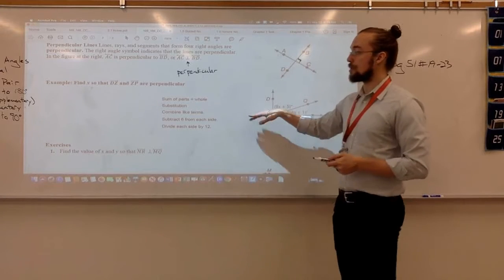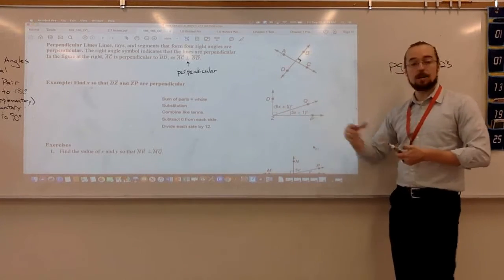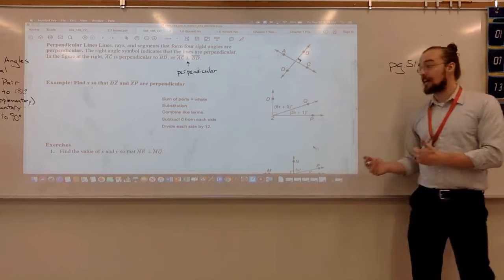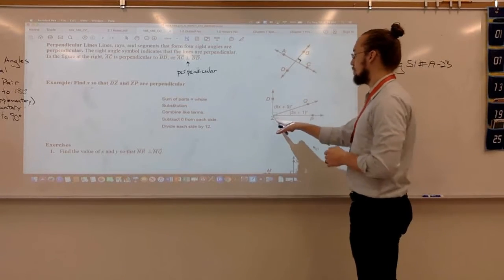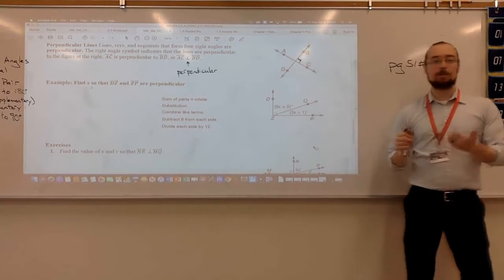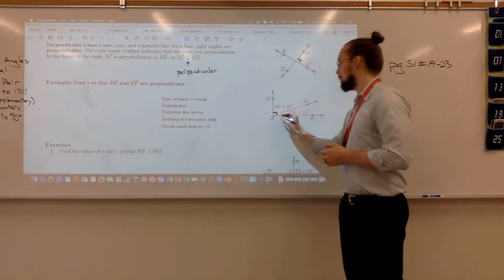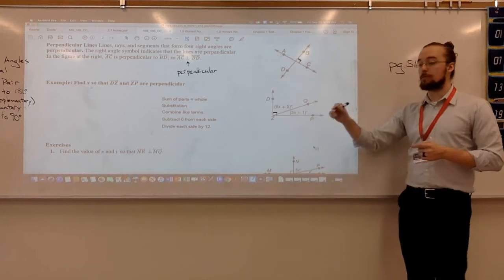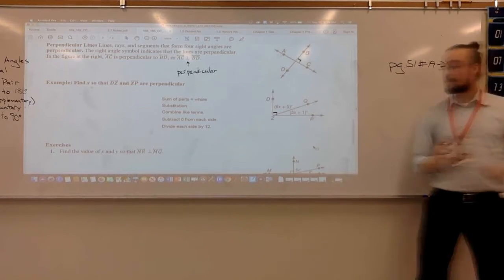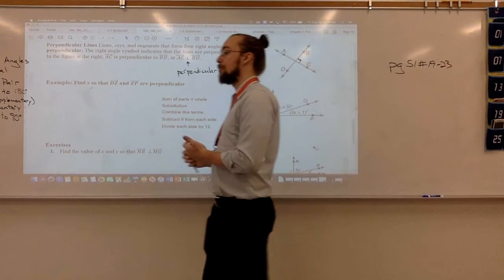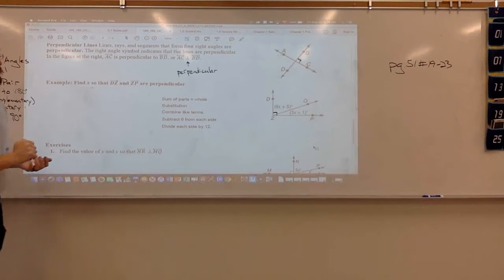So if we look at this first example, it says we want to set up some equation and find x so that DZ and ZP are perpendicular. If they're perpendicular, that means this is a 90-degree angle, so these two angles would be complementary. How would I set up an equation here?